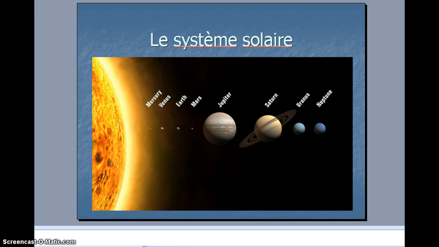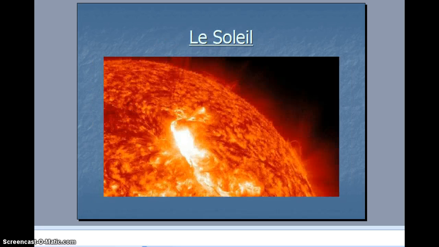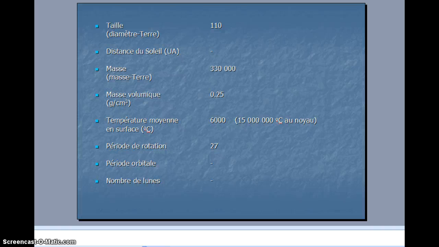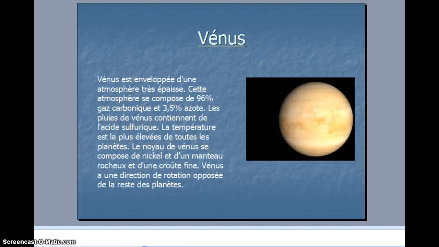This is just a little guide on a presentation I put together, sort of a model, so to speak. So, the solar system: there's the sun, with the main facts of the sun. Then we get into Venus. Venus has a very thick atmosphere, composed of 96% carbon dioxide and 3.5% nitrogen.